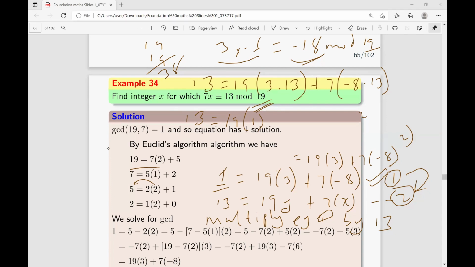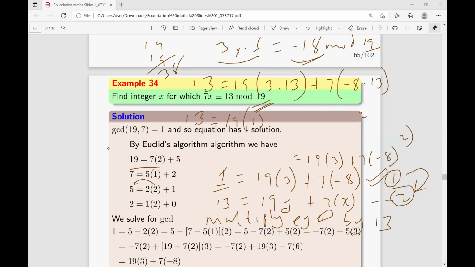When you subtract 19 from it, you get -6. So what I have here is 3 times -6, which is -18. When I get -18 mod 19, I want to change this number back to positive. So I'm asking myself, if 19 were to go into -18, what will be the remainder? The easiest way to do that is just to add this 19 and -18.